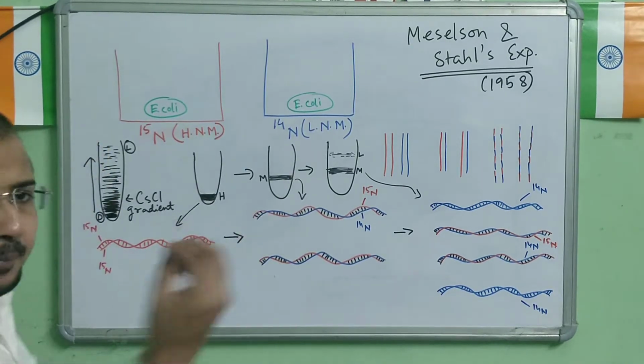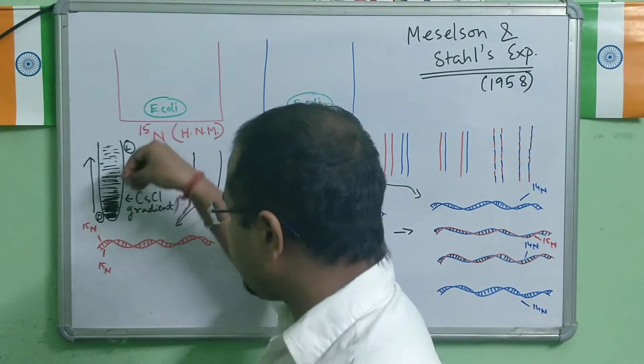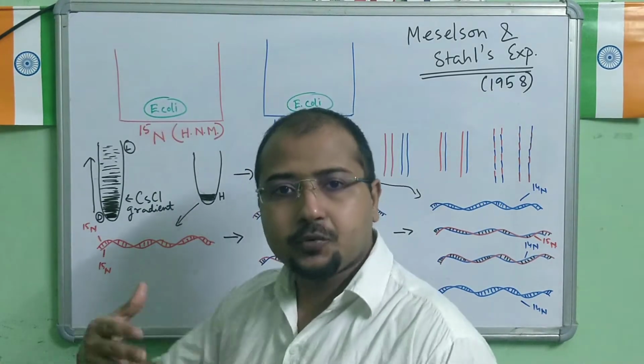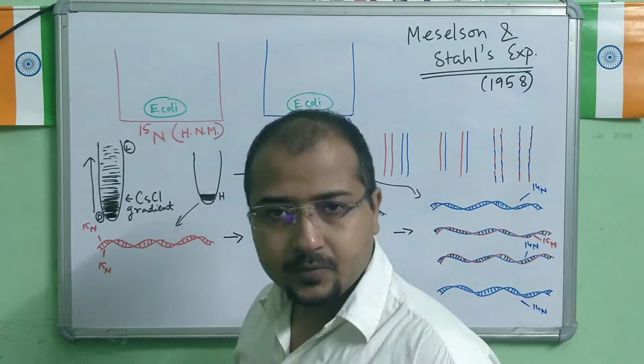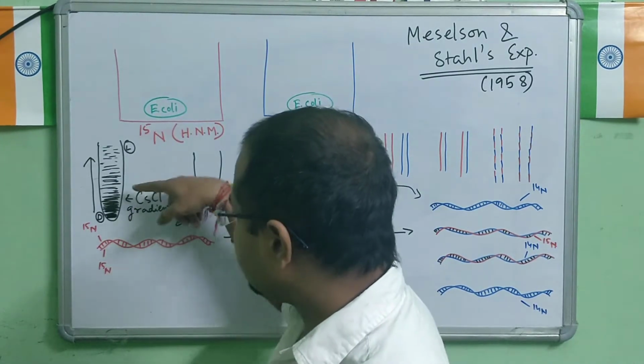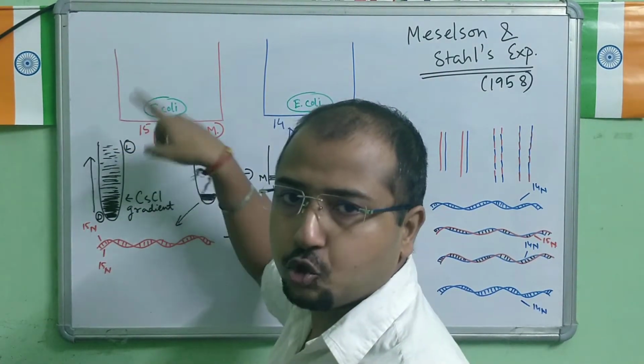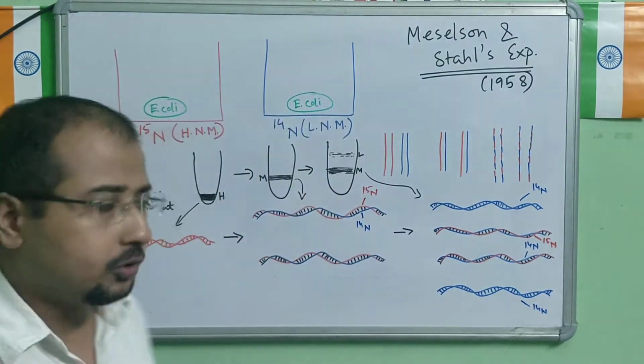So whatever component you put into this cesium chloride medium will also separate itself according to the concentration gradient. The denser part will be at the bottom, then the medium part, and then the lighter part at the top. Understood?